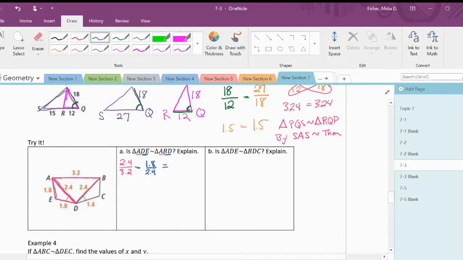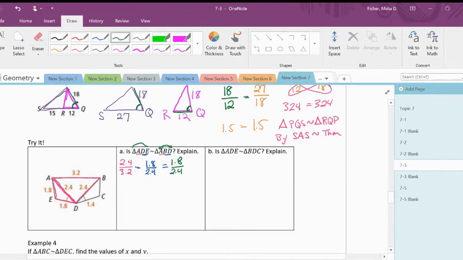And then we'll compare the third side, which will be AE and AD. So AE is 1.8 and AD is 2.4.